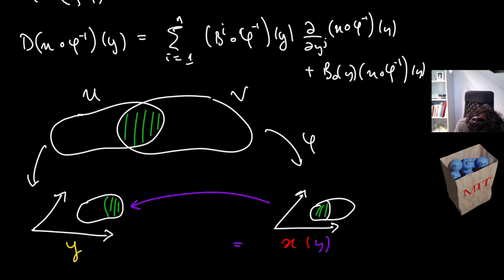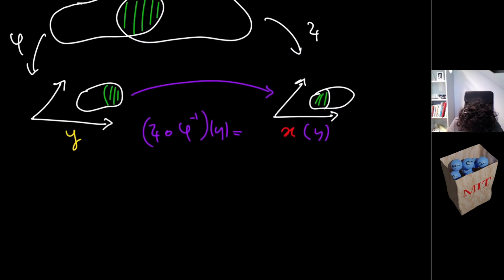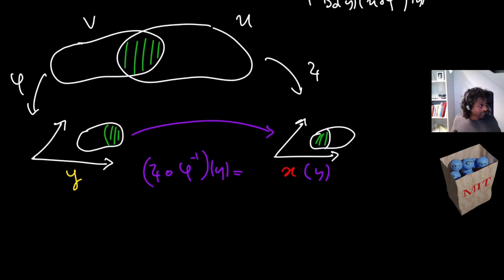Sorry, this should be, of course, phi and v, and this should be u and psi. So we first go via psi composed with phi inverse, and we go to y. Of course I had the arrow correct the first time. Okay, and this is change of coordinates. I'm just writing this very explicitly so that we can follow through this calculation.